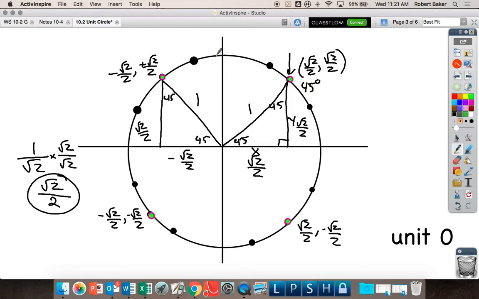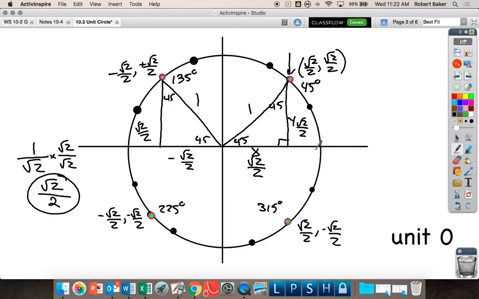That's correct. 45 more, 135. 45 more, 180. 45 more, 270. That's an intermediate check step. 45 more, 45 more is 360.